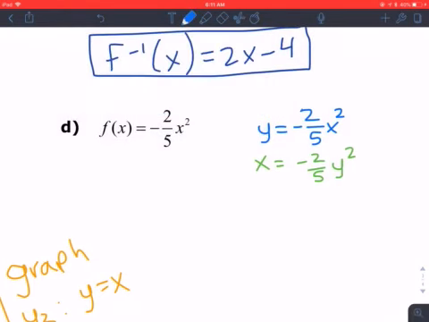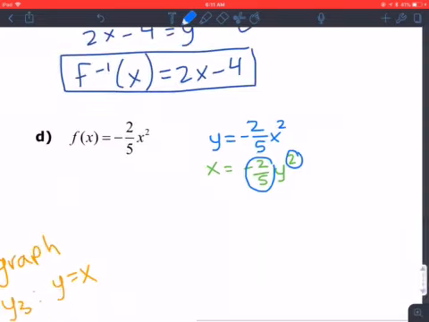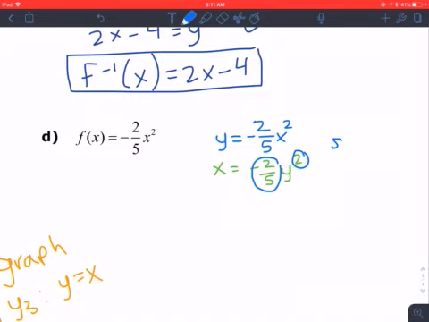Okay, so I want to get y by itself. I'm isolating. So I need to get rid of this negative 2/5 and the squared. We're doing backwards PEMDAS, which is SADMAP. First, I need to get rid of any addition and subtraction.